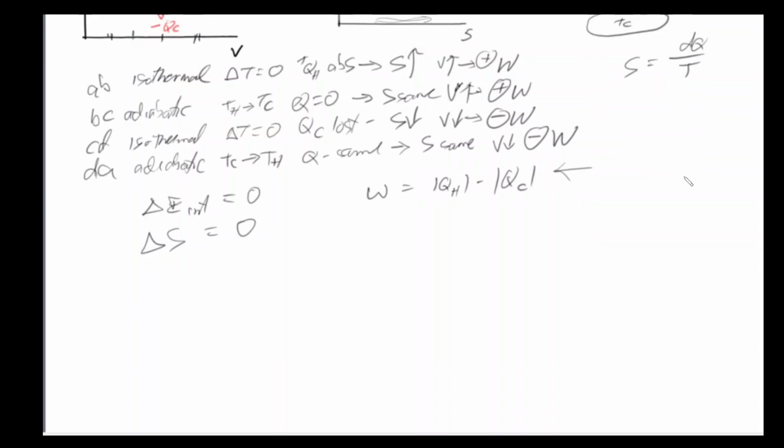So again, for a complete cycle where there's no change in internal energy or entropy of the system, we also find that QH over TH, we can use the absolute value, is equal to QC over TC. Again, the absolute value. And let's look at the net work done.